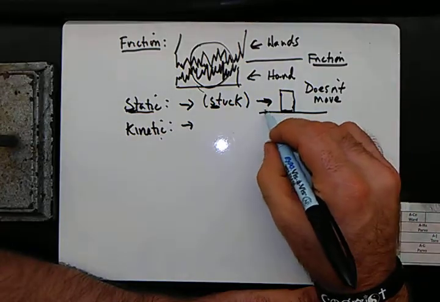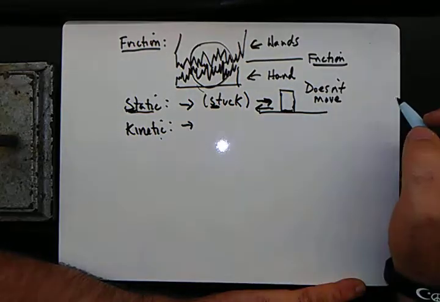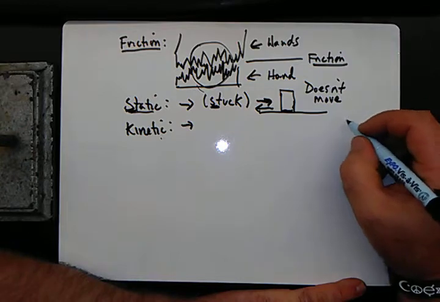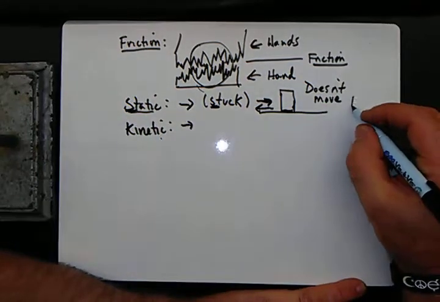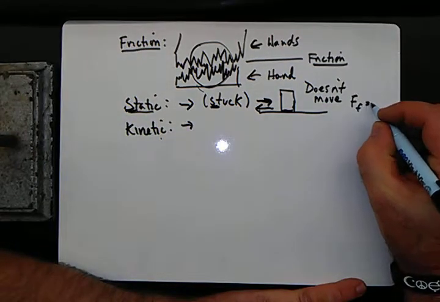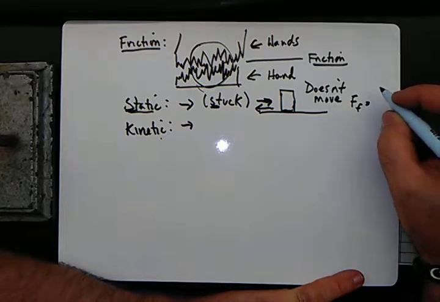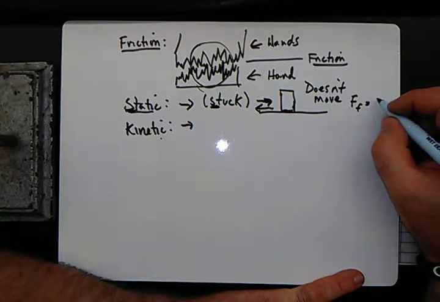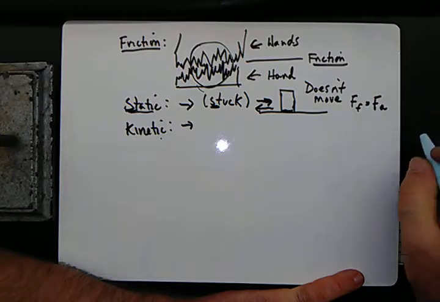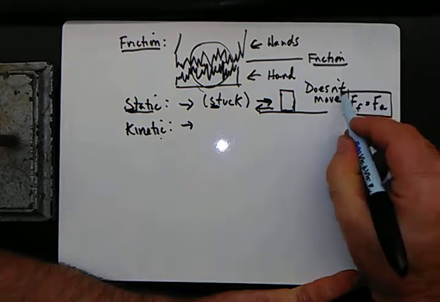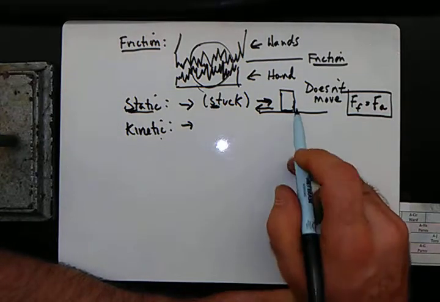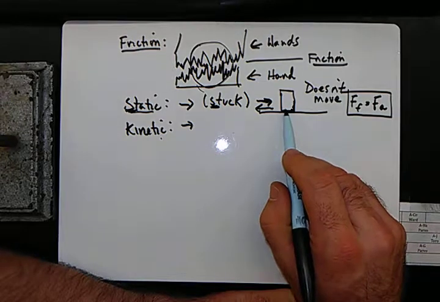You put a force on it, and the frictional force is equivalent. So in static friction, the force of friction is equivalent to the force applied. So you're not getting any acceleration.